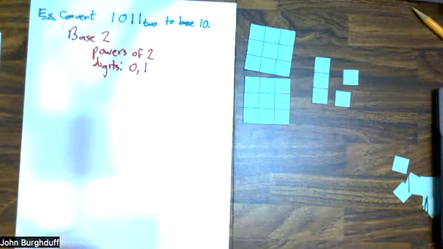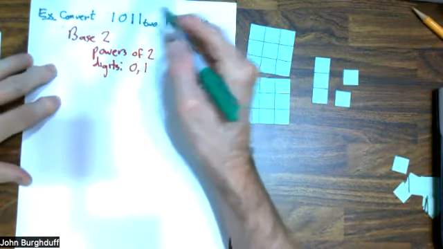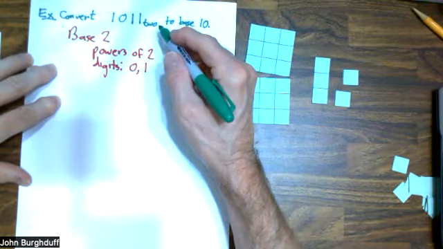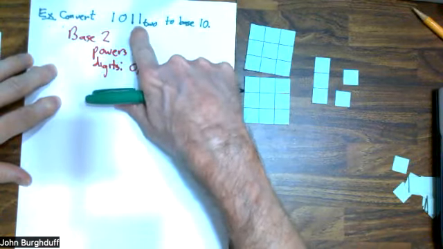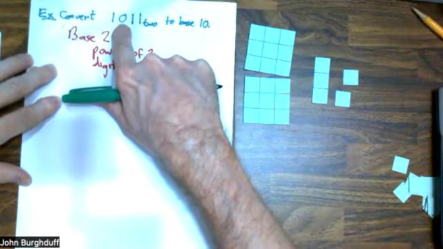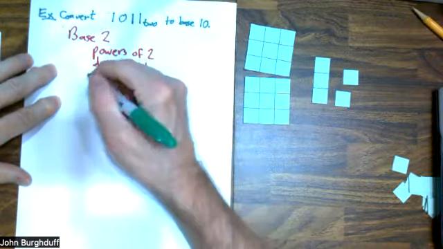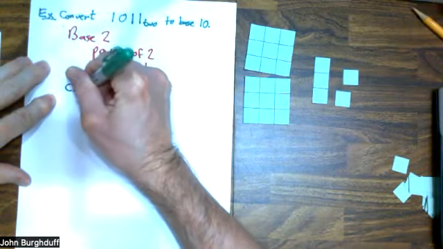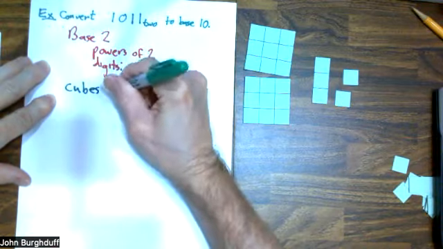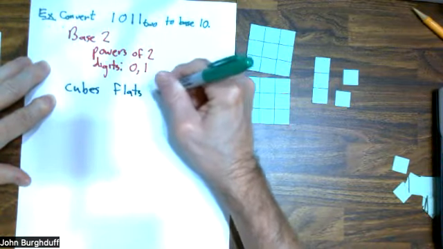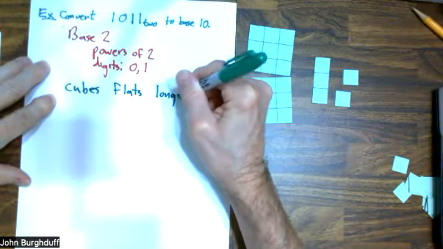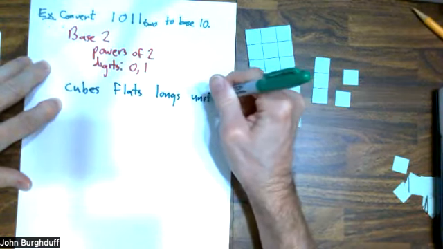Let's write down, imagining that we had base 2 blocks, a chart that breaks this up into units, longs, flats, and then we have to go one farther and have cubes. So we'd have cubes, flats, longs, units.